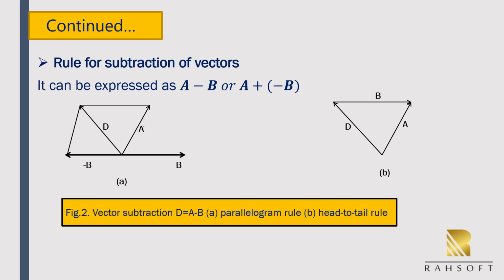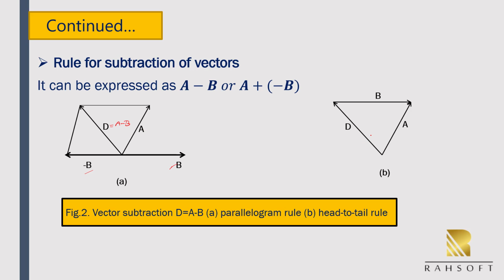Here this is vector A, here we have vector B. We just reverse the direction of vector B to this side. Now it is minus B, and the resultant is D, which gives you A minus B.